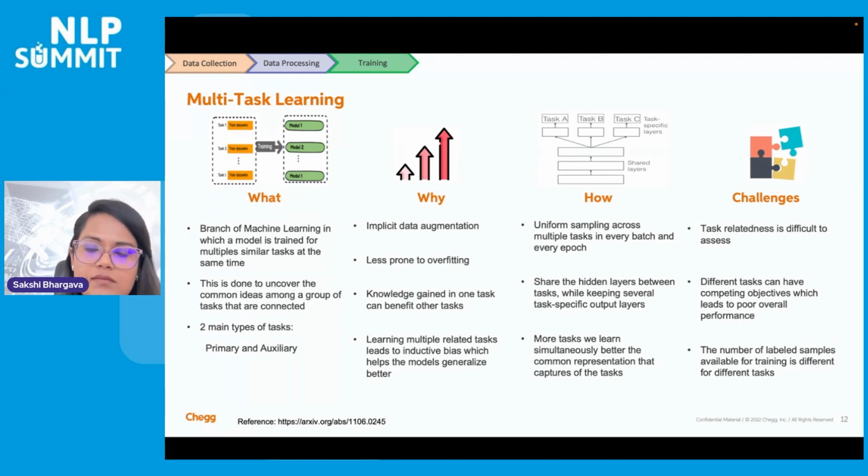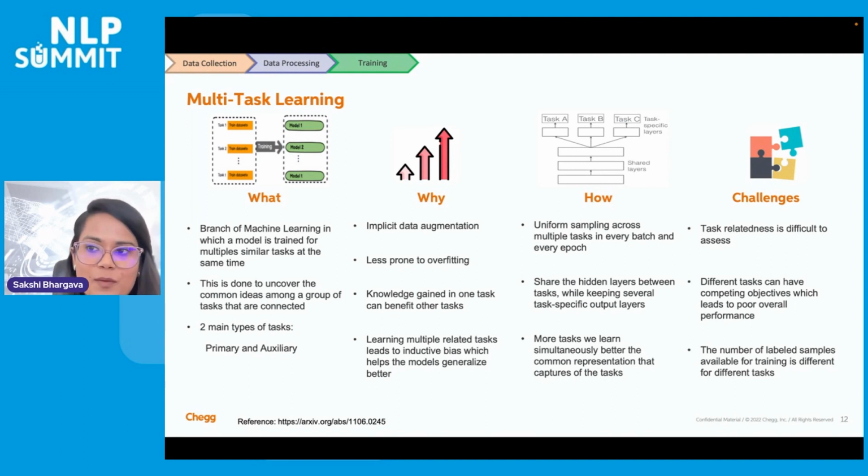Lastly, as you can imagine, since we did uniform sampling, this is a requirement for multitask learning. And what usually happens is the size of the data set for each task is bottlenecked by the smallest data set present for a task.